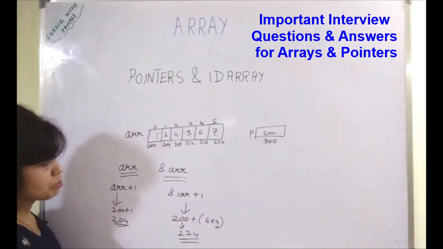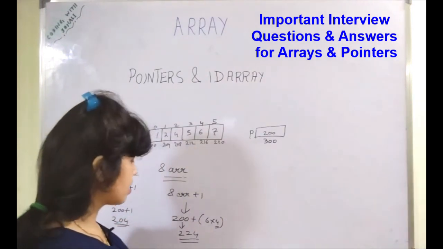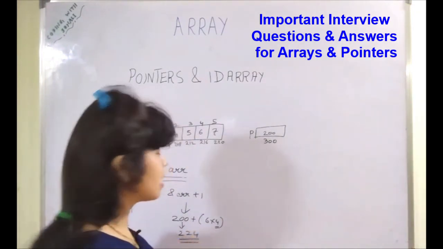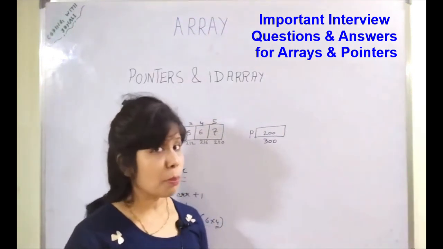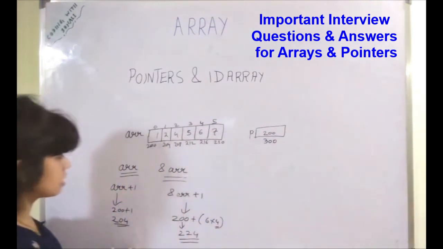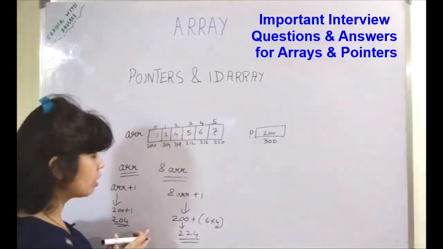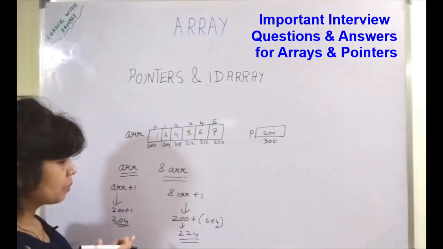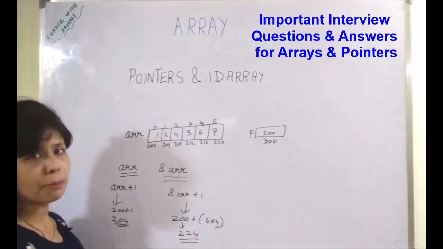This is very important, and it is also asked in your GATE exam as well as in interview questions in placements. So just practice more with all these scenarios, and you will understand it better.